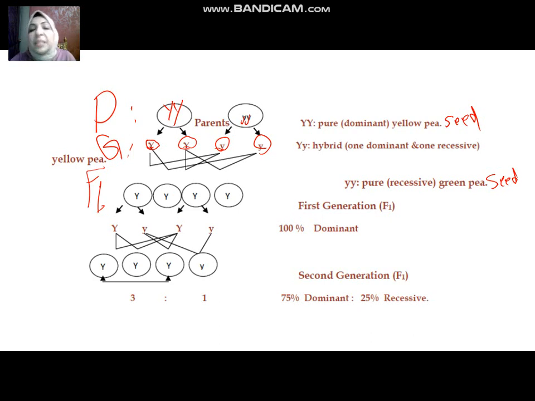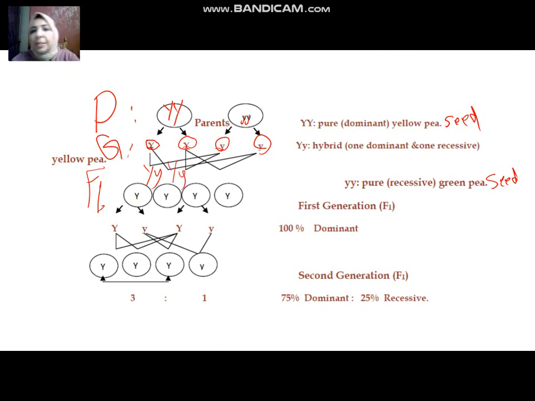How can we make this fertilization? Like this. The first gamete with the first one: the result will be Y capital, y small. The first with the second: the result also will be Y capital, y small.